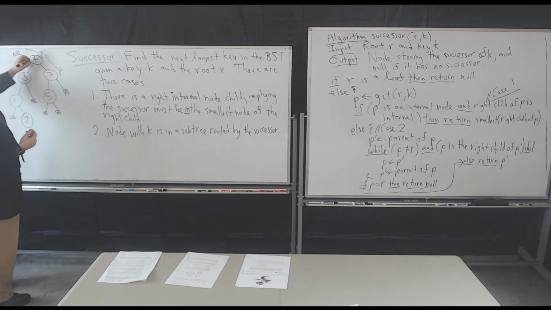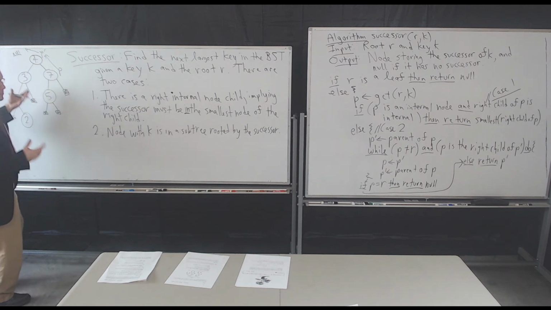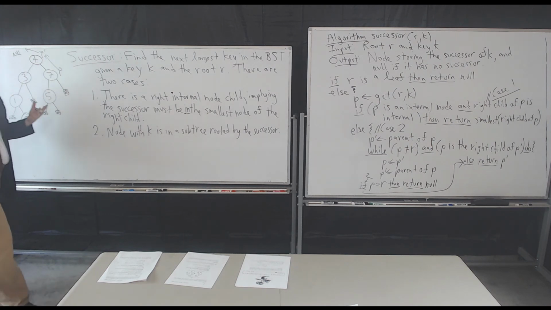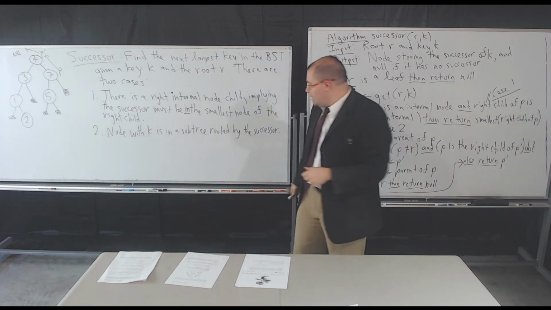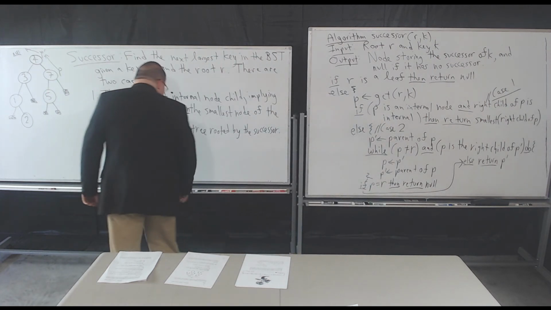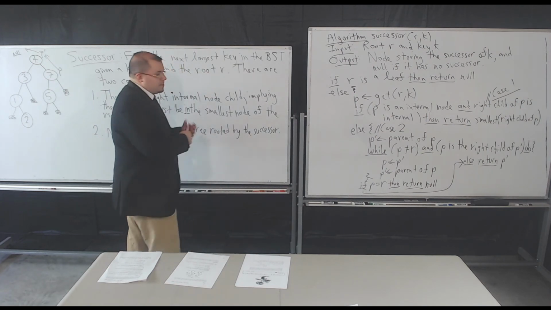So it's null, and thus now P is equal to the root, violating that first condition of the loop. And then since P is equal to R, I return null. Does everybody see that? Okay. So that's how you can compute the successor of an arbitrary key in the binary search tree.